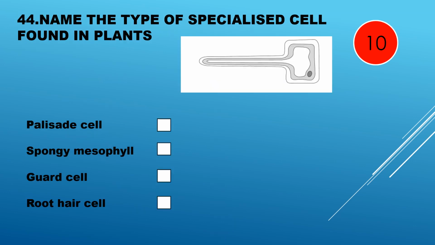Question 44. Name the type of specialised cell found in plants. Is this cell a palisade cell, spongy mesophyll, guard cell, or root hair cell? It's a root hair cell.